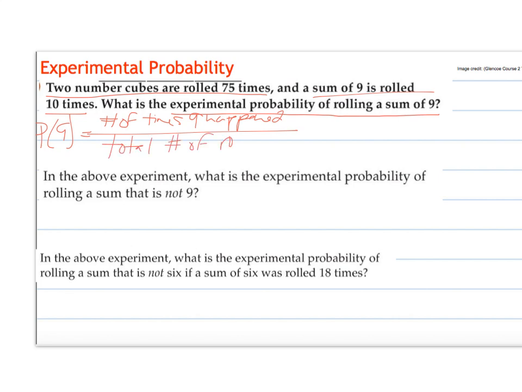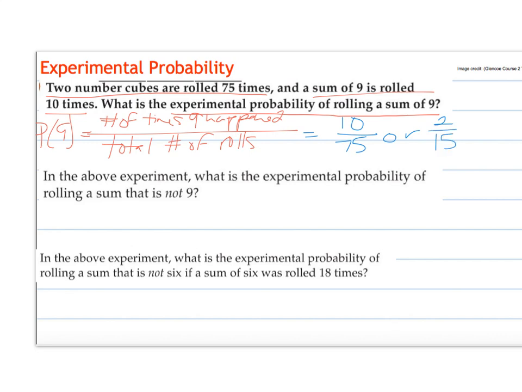It's still that probability equation, kind of. There were 10 with a sum of 9 out of the 75 rolls, which is the same as, if we simplify by dividing both by 5, 2 out of 15 rolls had a sum of 9.